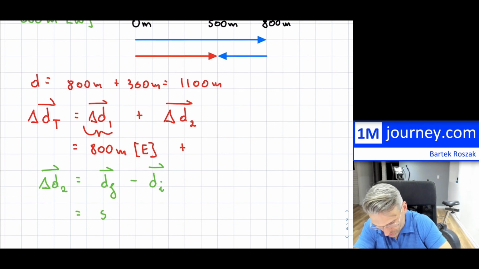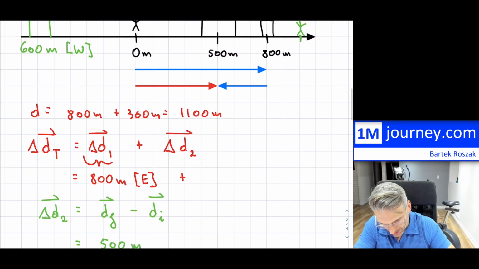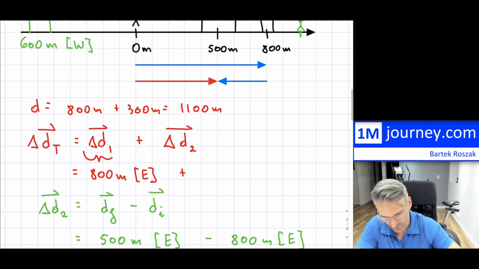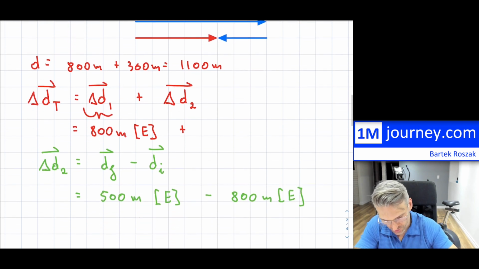So your grocery store is 500 meters east, minus 800 meters east, because that was your starting point from going from the bike shop to the grocery store.